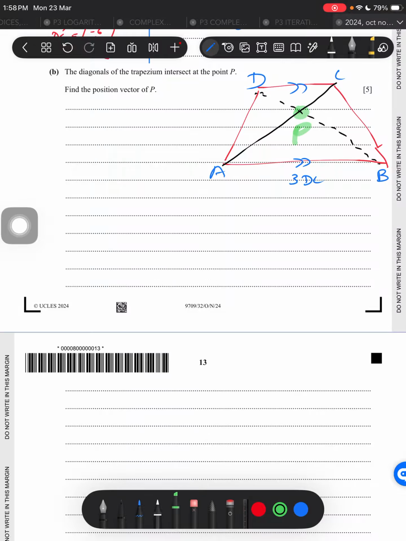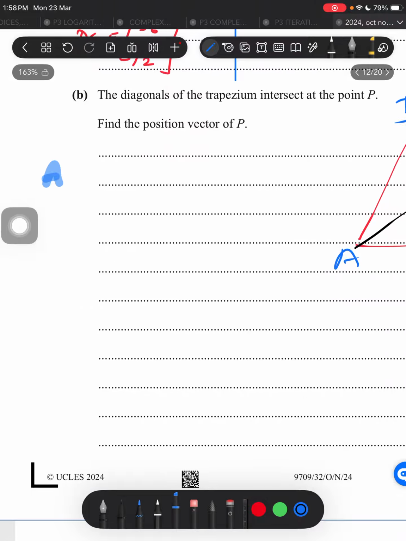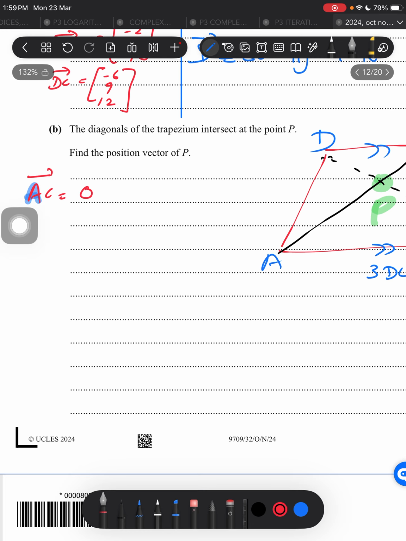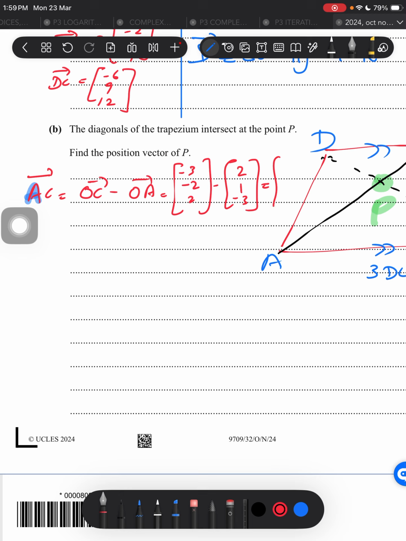So first of all we need to find AC. AC can be found by OC minus OA, and the values of OC were -3, -2, 2, and this was 2, 1, -3, and the answer for AC would be -5, -3, and -5.